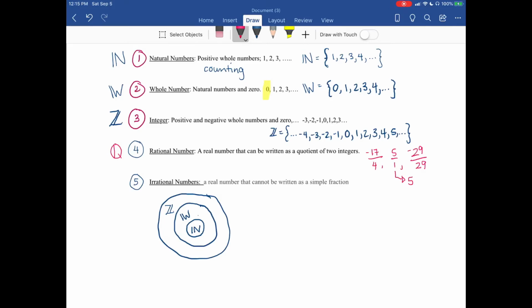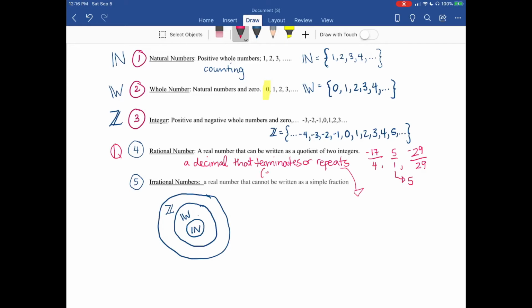Now, not every number is written in that fraction form. What if it's written as a decimal? So then it's in disguise. So let's take on the decimal definition of a rational number. Any decimal that terminates or repeats.